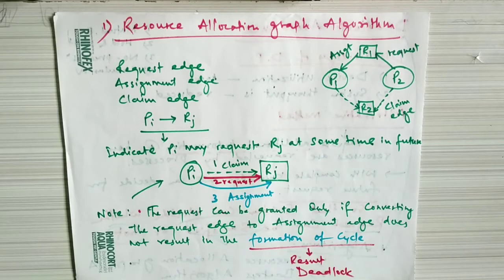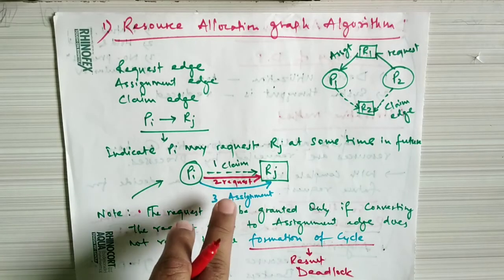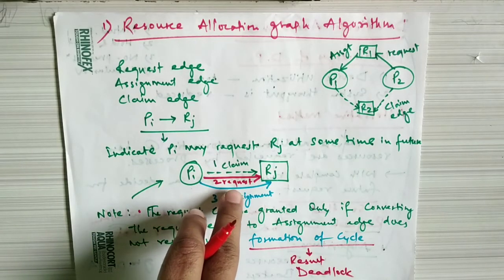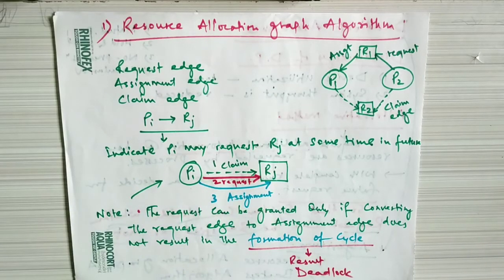To make sure of that, whenever these different types of edges are converted, especially when the request edge is converted into the assignment edge, we have to make sure there is no formation of a cycle. Okay, thank you. So that's all about the resource allocation graph algorithm, which is mainly used for deadlock avoidance.